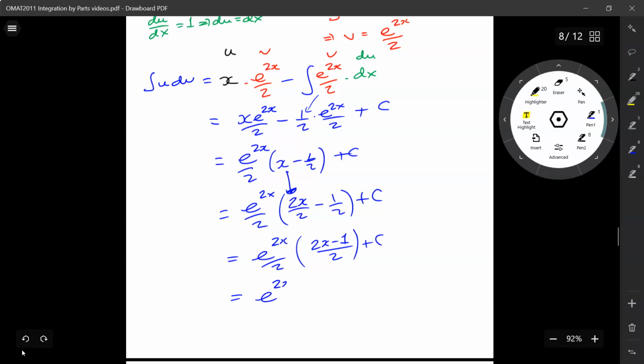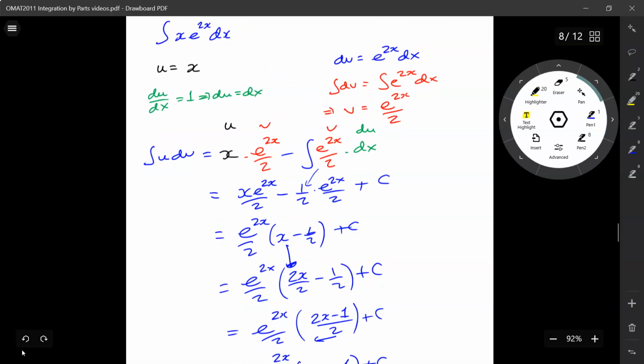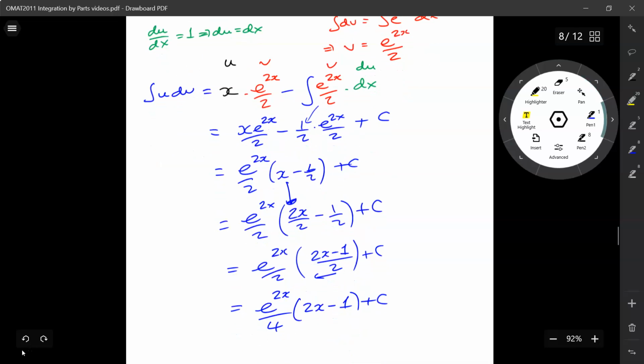We can finish off by taking the 2 here outside, multiplying by the other 2 to give us exponential 2x over 4 times 2x minus 1 plus our constant of integration. So that's the solution for that one. That is the integral of x times exponential 2x dx, which is equal to exponential 2x over 4 times 2x minus 1.